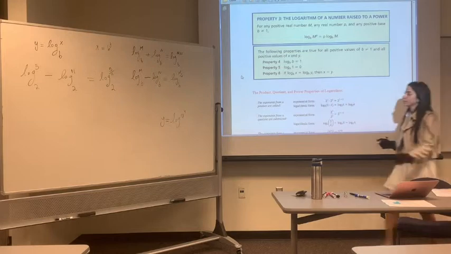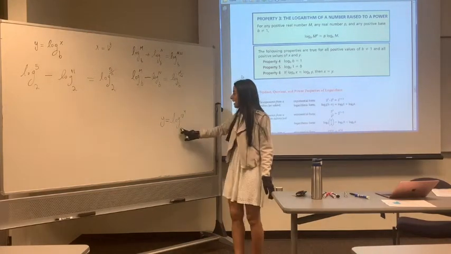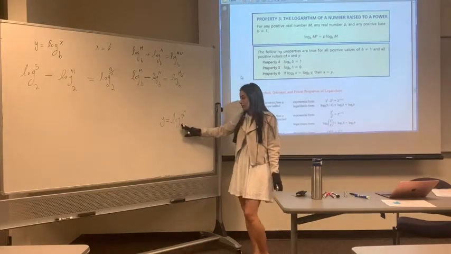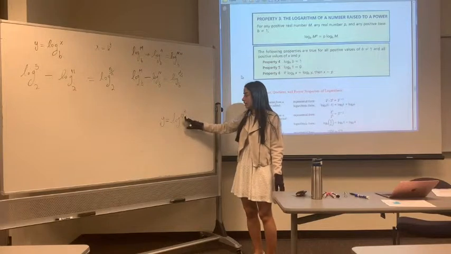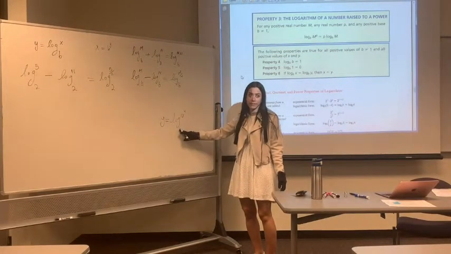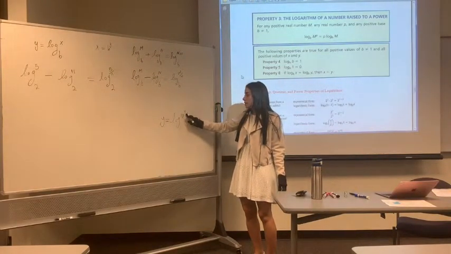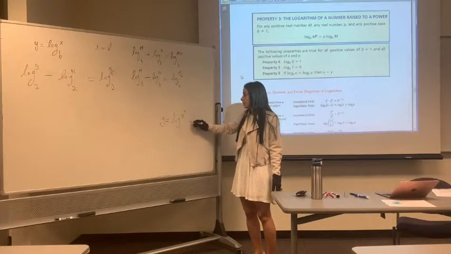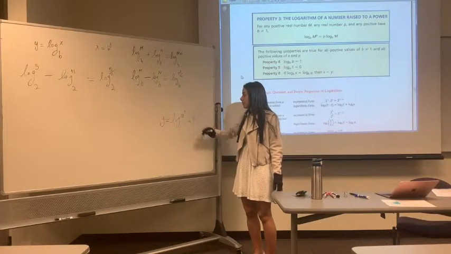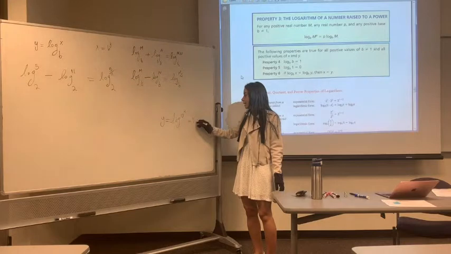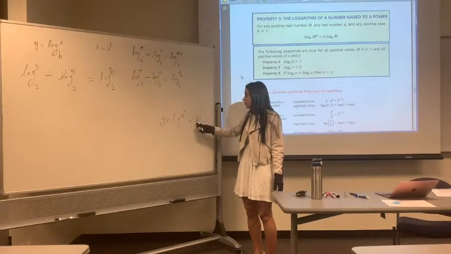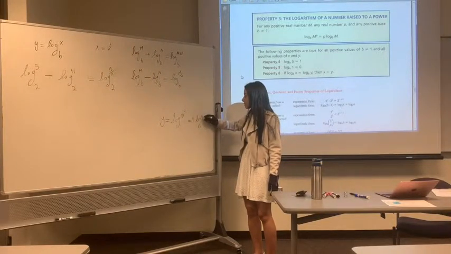And then the other one says, if we have something like log 10, and obviously the base is 10, right, and this one has a power, what we do is bring this power here before the log, and multiply this number by the log of 10 with the same base.